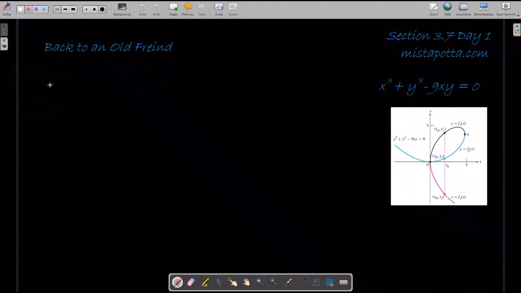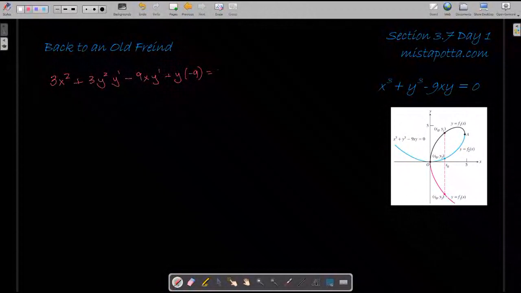So taking the derivative of each term, I'm going to end up with 3x squared plus 3y squared y prime minus 9x times y prime plus y times negative 9 equals 0.